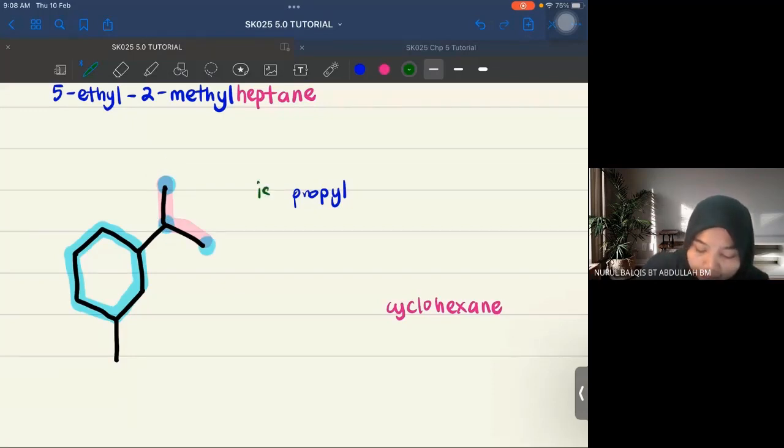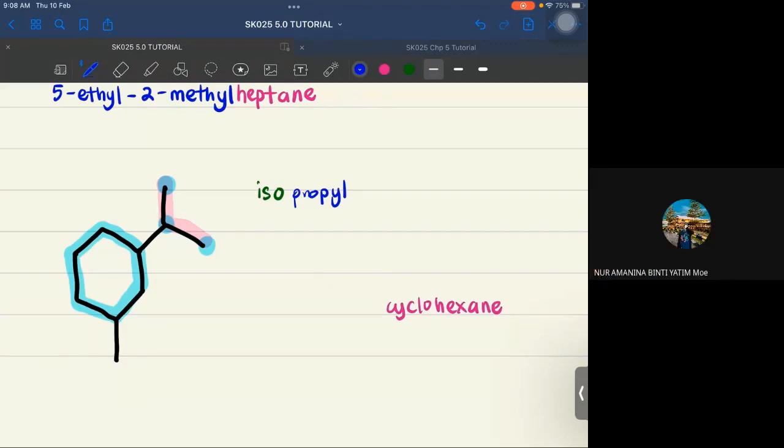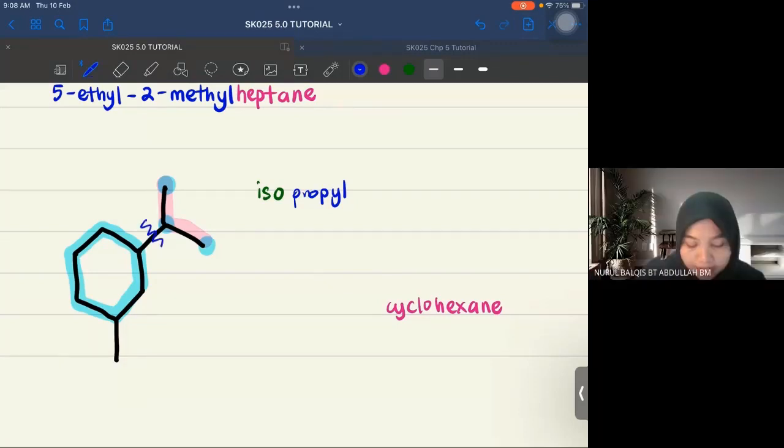If we want to use IUPAC nomenclature, how are we going to name this branched alkyl group? 1-methylethyl. So here we have the parent carbon chain.